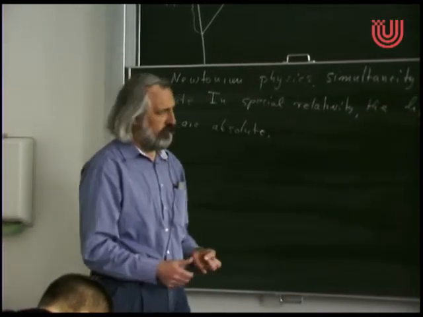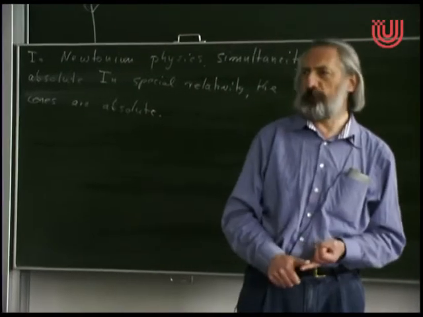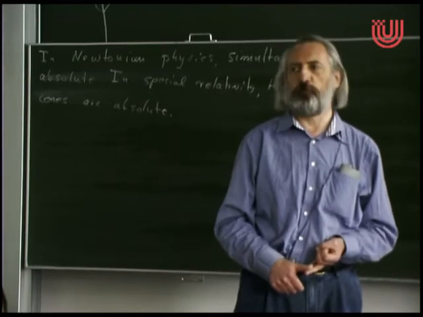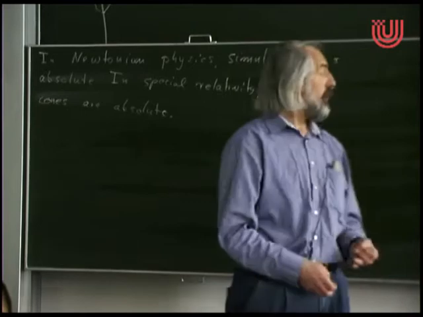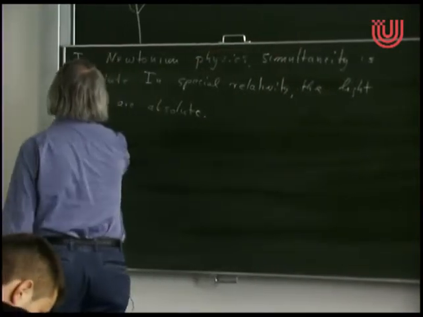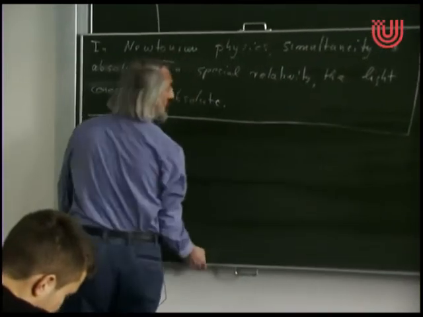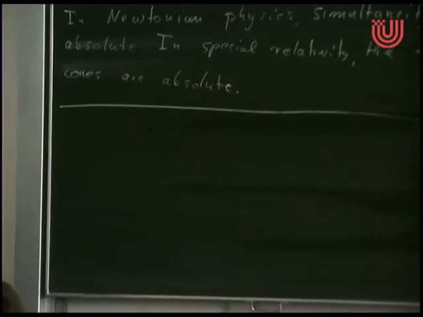And the way in which you derive it is that you find out that if you do not require this, then you violate causality. And you don't want to violate causality, so that's the reason why we assume that signals cannot move faster than light. So let me work this out now. I think most of you have seen this before, but I think it's a good idea to recall this.